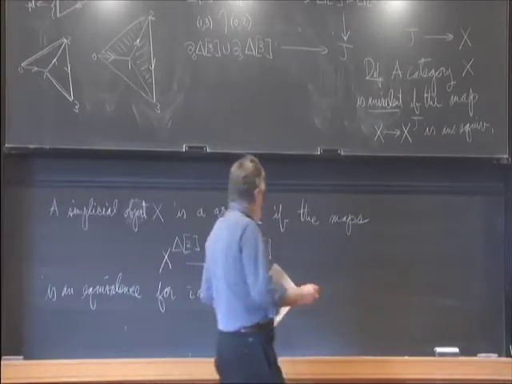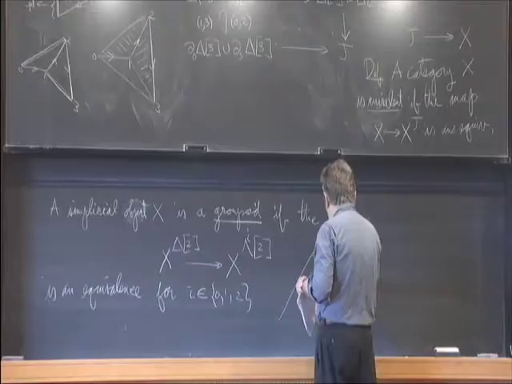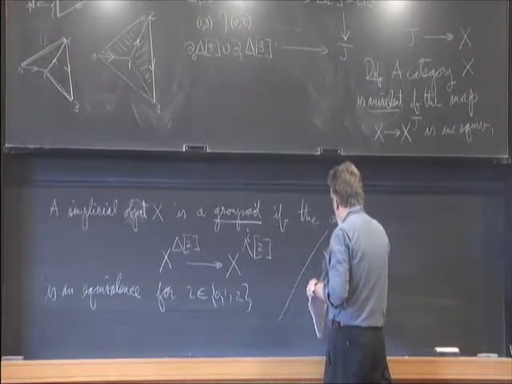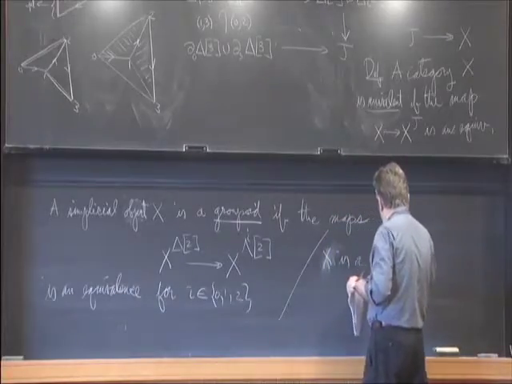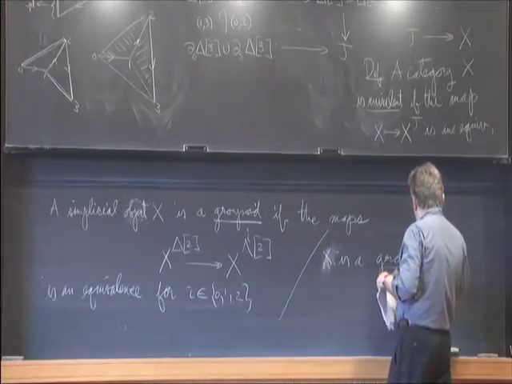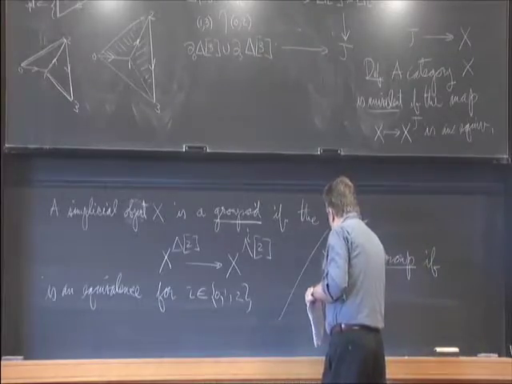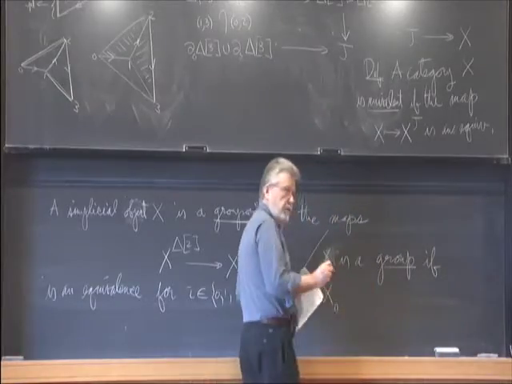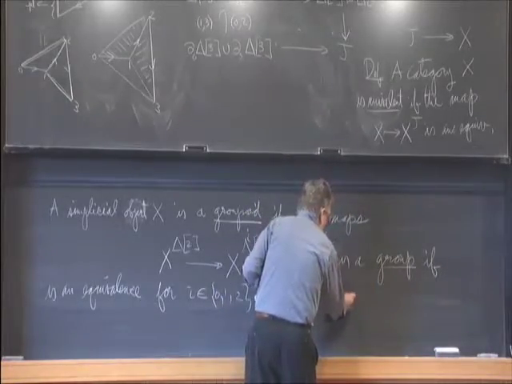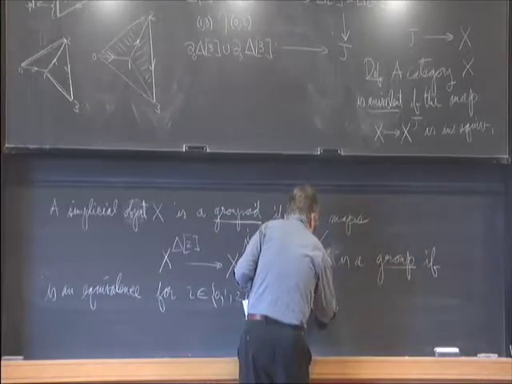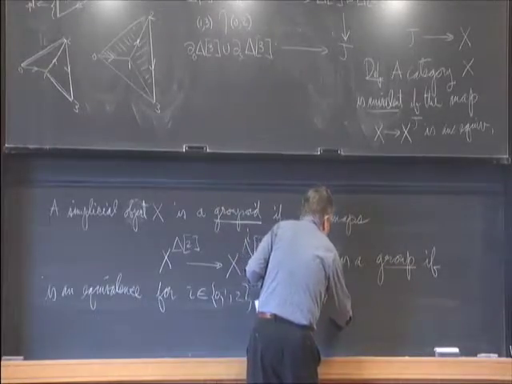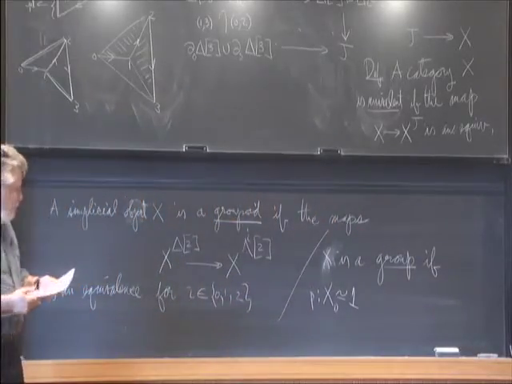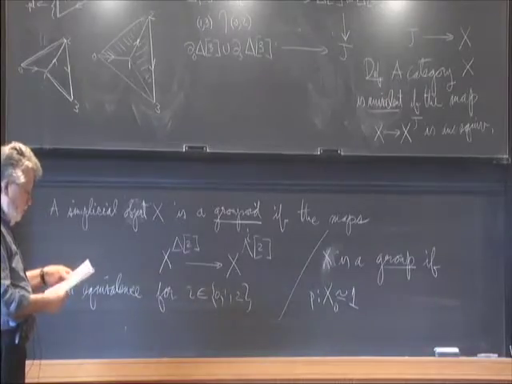And then you can define what is a group. A monoid, if X0 is actually pointed and equivalent to 1. So you maybe have a base point P. Well, let me just write P equivalent to 1. Okay. So there is a notion of a group, of a groupoid.